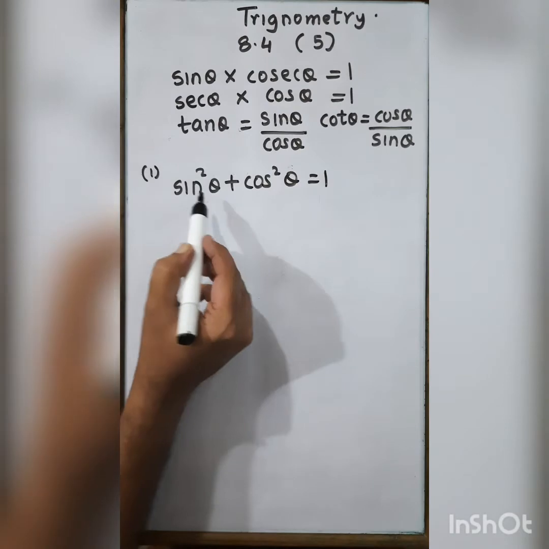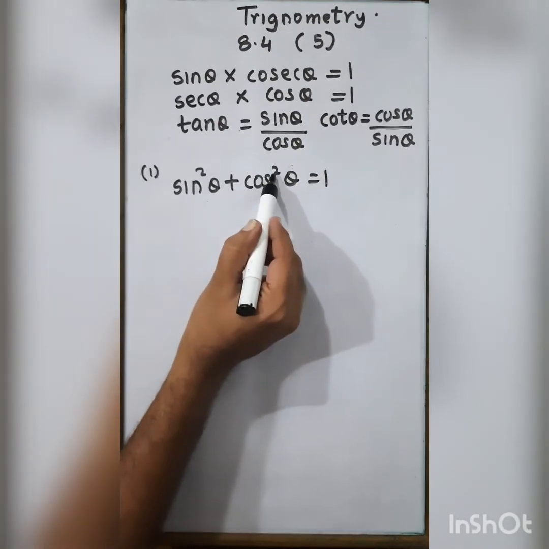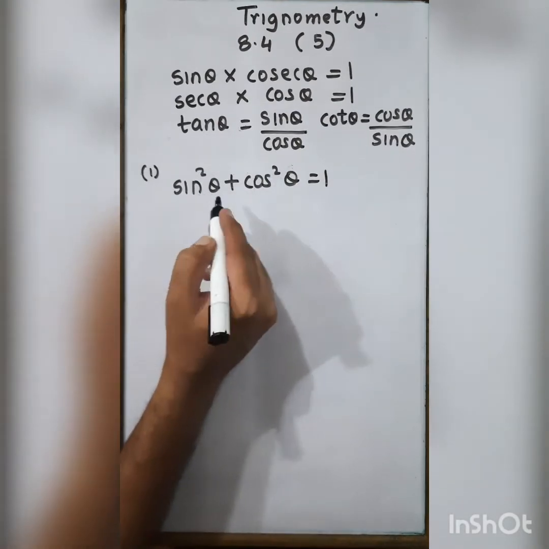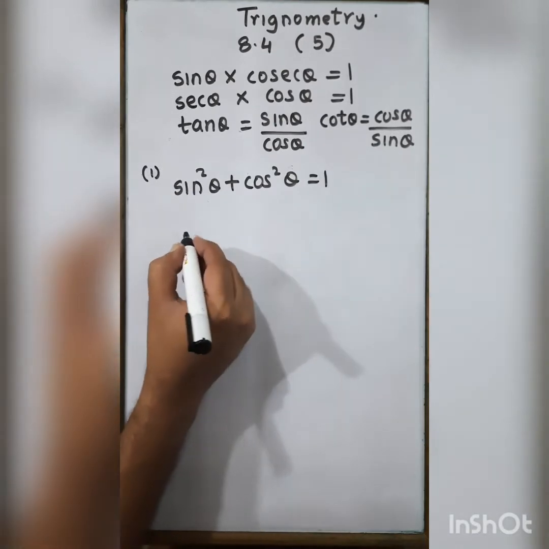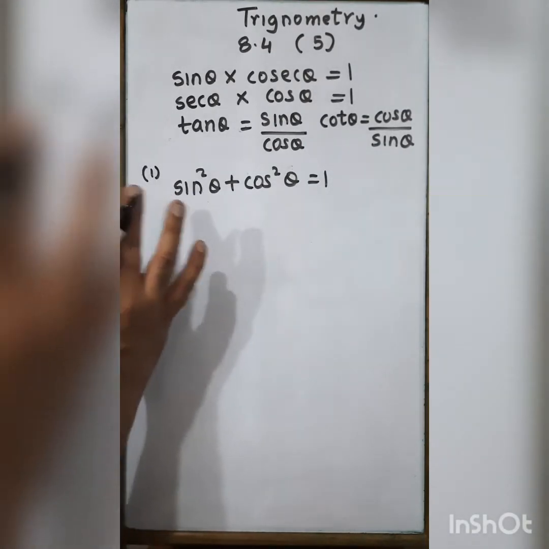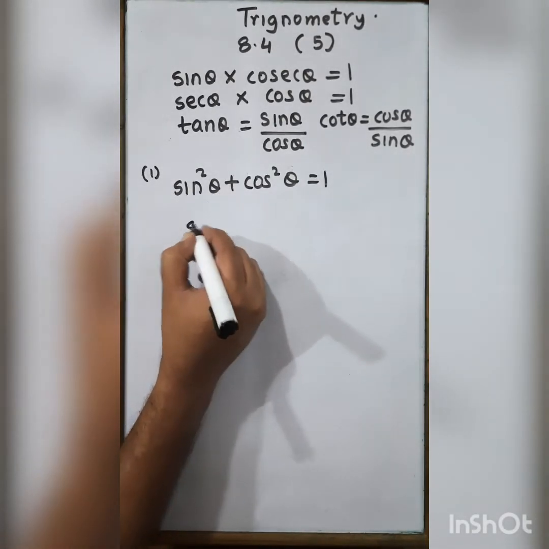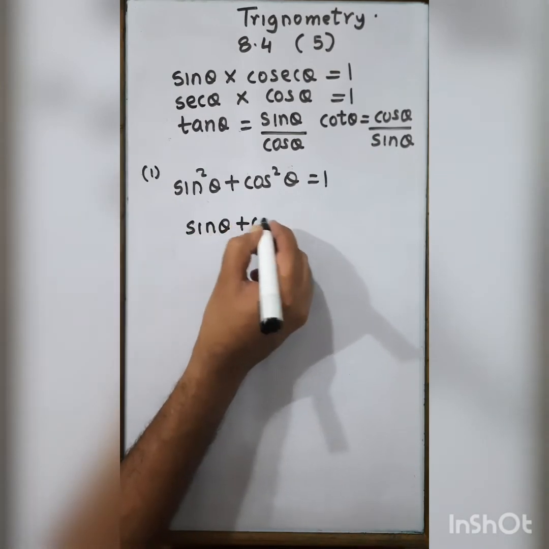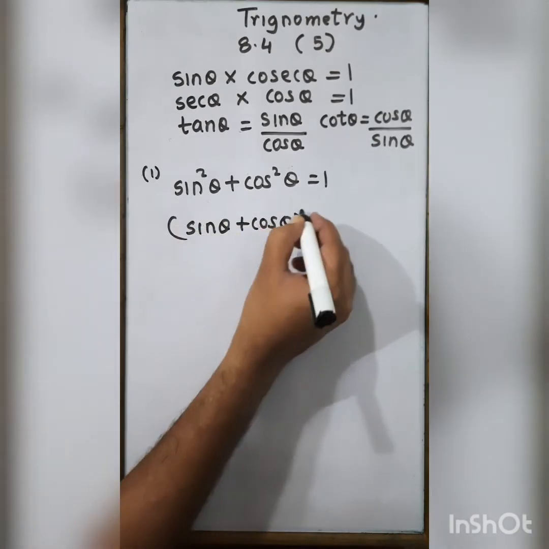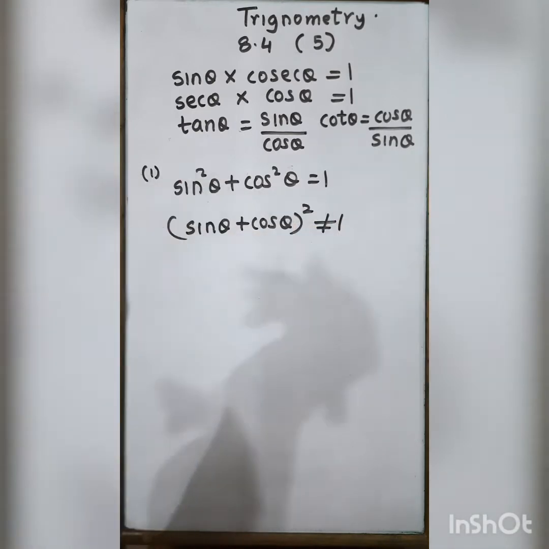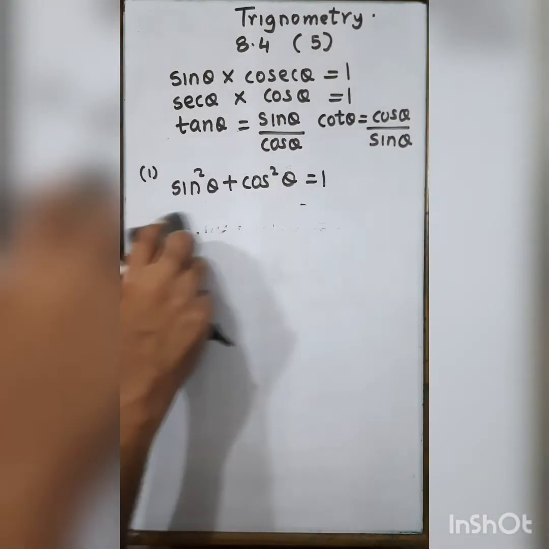You have to remember it has to be sin square theta and cos square theta. You cannot have sin theta plus cos theta equal to 1. Sin cube theta plus cos cube theta is also not equal to 1. And sin theta plus cos theta the whole square is also not equal to 1. This is confusing, but you have to remember this. It has to be sin square theta plus cos square theta is equal to 1.